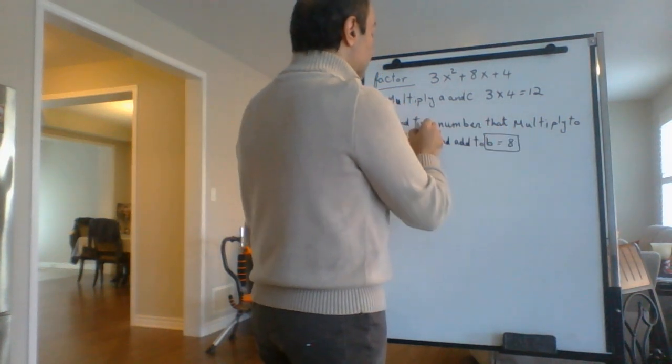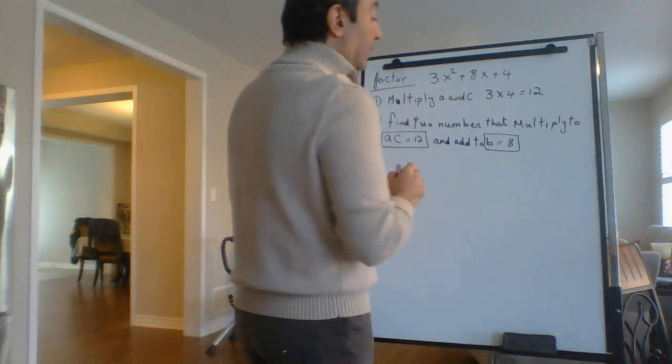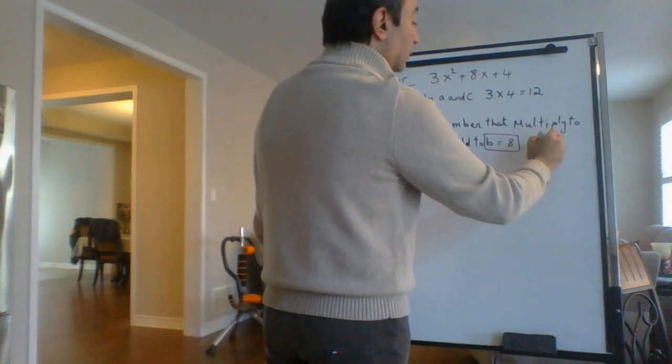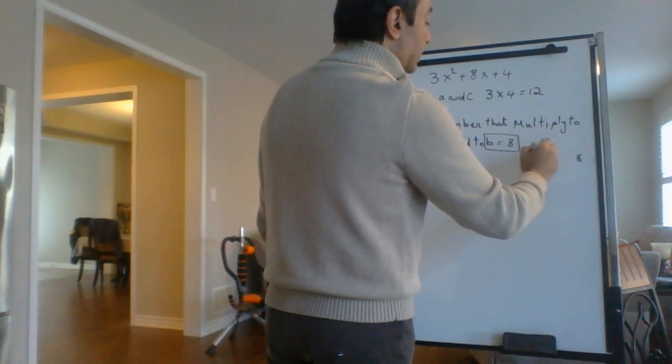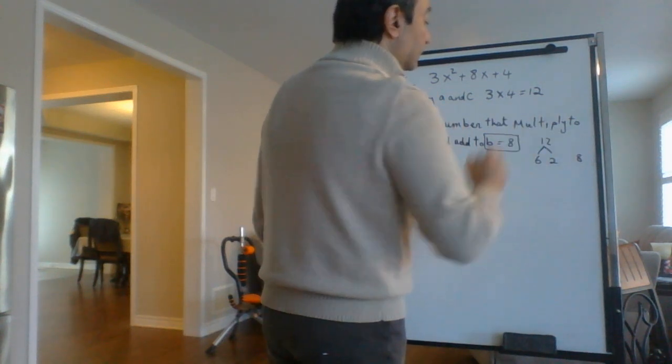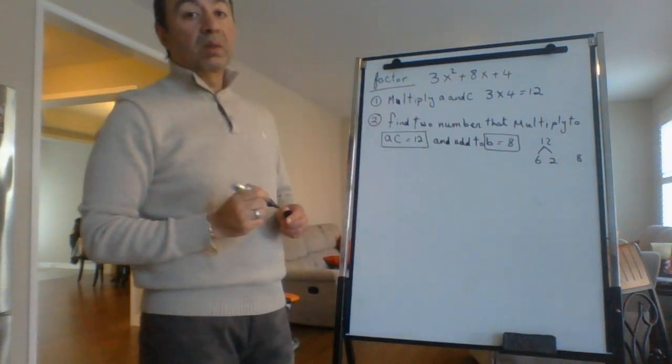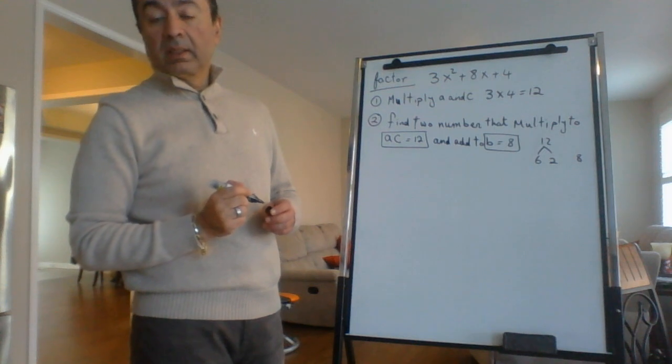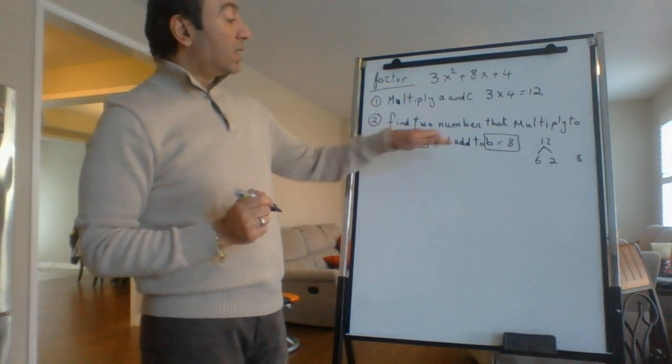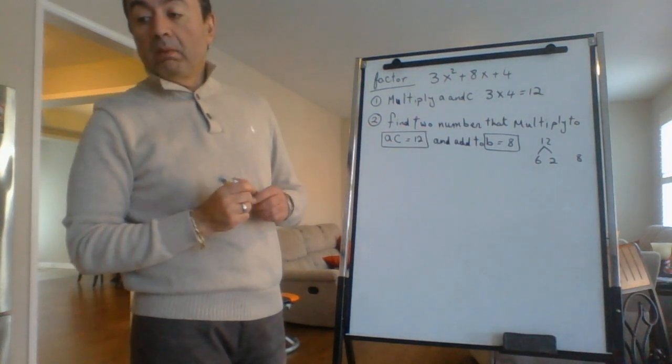So we need two numbers that multiply to 12 and add to 8. So 6 and 2. So we find the two numbers that multiply to a times c and add to b.